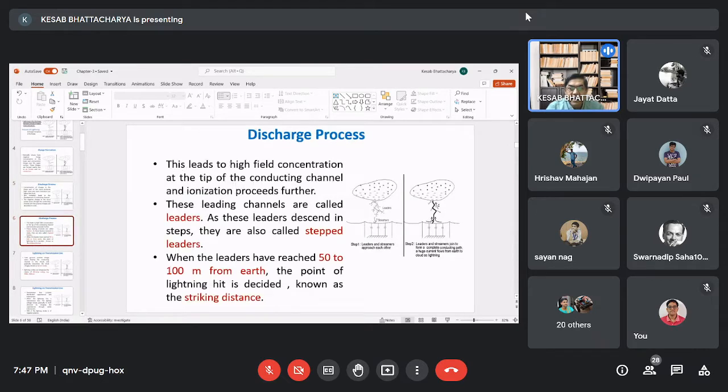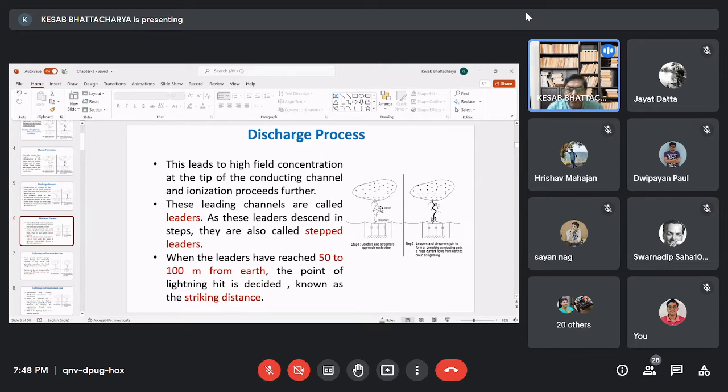Now, this leads to high field concentration at the tip of the conducting channel, and ionization proceeds further. Due to the concentration of a large number of negative charges coming down from the lower part of the cloud through the conducting channels up to the head or tip of the channel, the concentration of negative charges at the tip will be more.